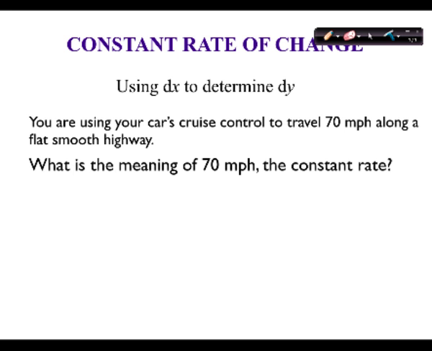All right, so what's the meaning of 70 miles per hour? I think we talked about this the first day. Any variation of dx, dy is going to be 70 times the change.